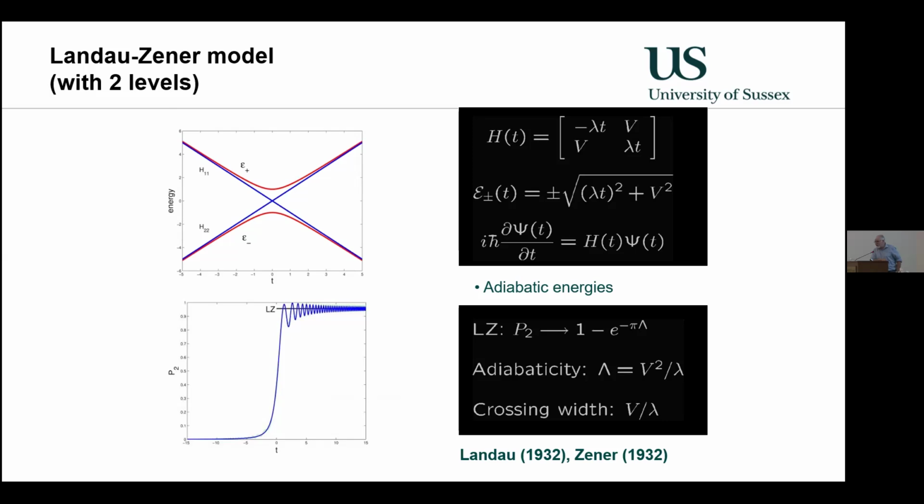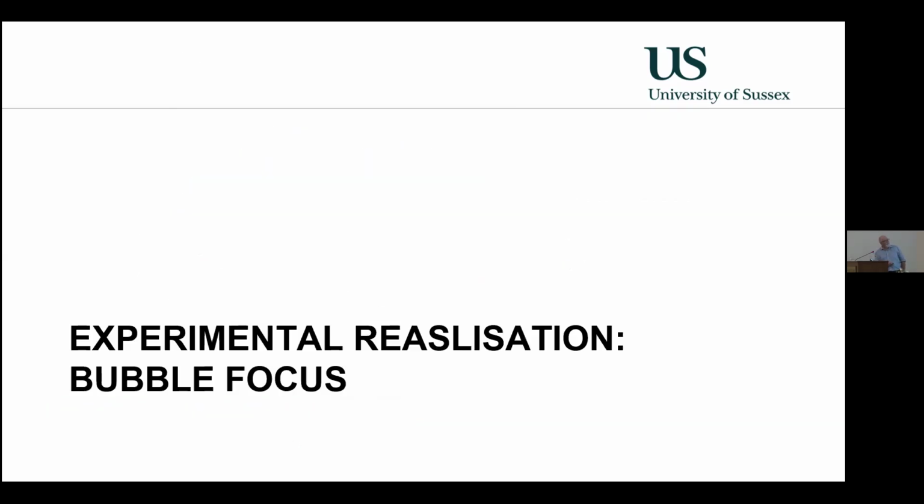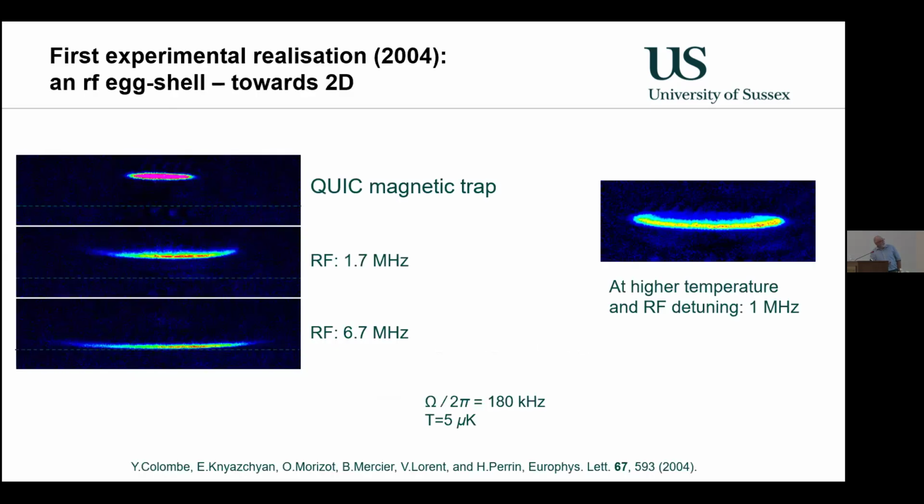Now, I noticed that the talk after me is about Landau-Zener as well, or mentions it, so I won't say too much about it, except that in the adiabatic limit, your transfer to the adiabatic state happens very, very quickly because of this exponential, which depends on the square of the coupling constant.